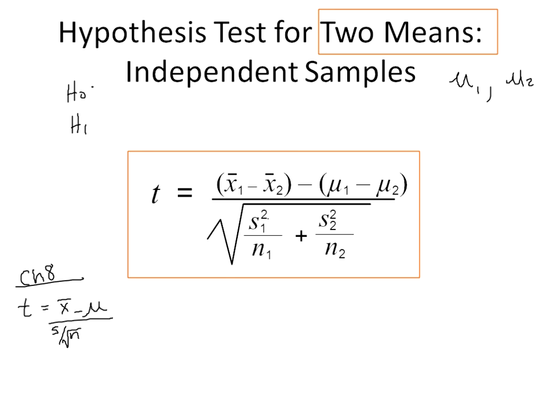In this case, they're population means. So you're always comparing them with each other. In Chapter 8, we were comparing them with some other value, but now we're comparing them with each other. So the null hypothesis has the condition of equality, and the alternate hypothesis would then have something else: the not equal to, the greater than, or the less than.